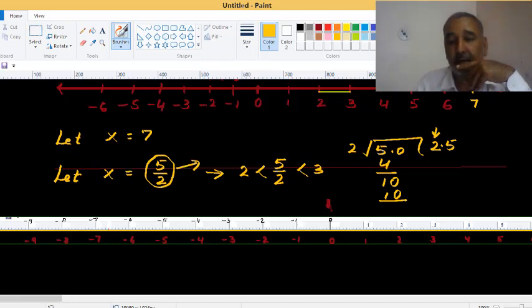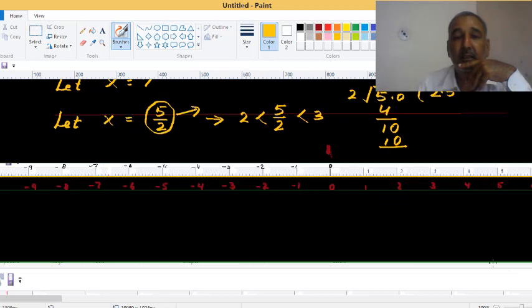On extending this number line, I have taken a snapshot from the number line. Let this number represent our 0, and these are positive integers and these are negative integers. So I have some divisions. These are so small, there may be some difficulty, but you can manage.